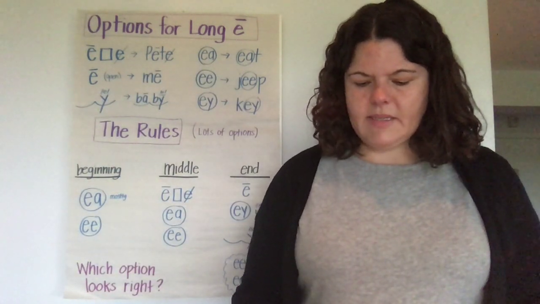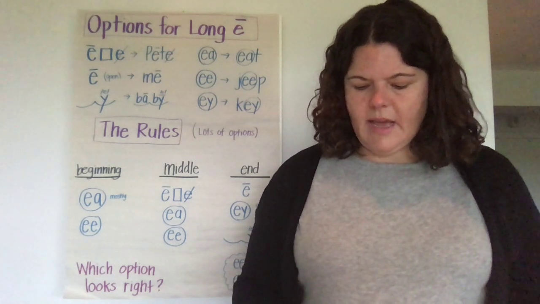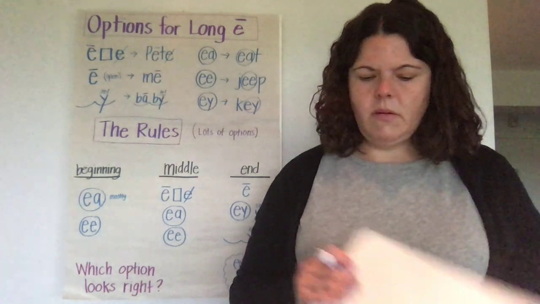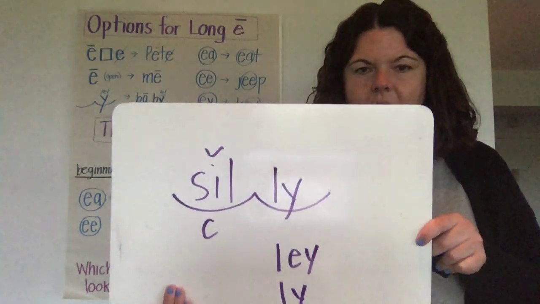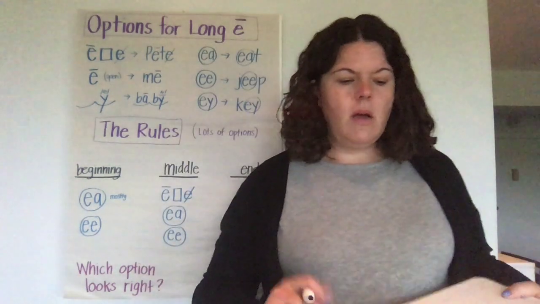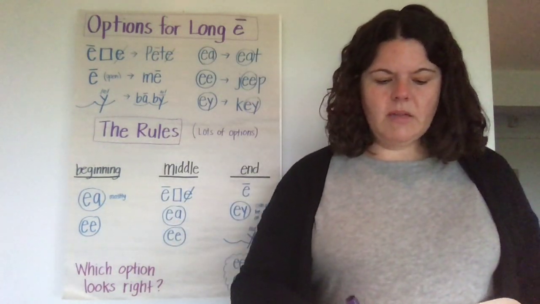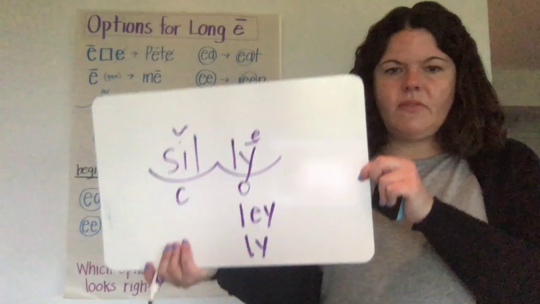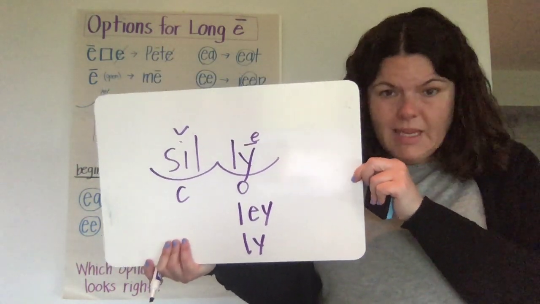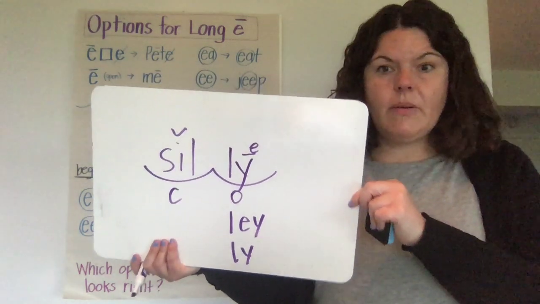So you've got to decide, is it L-E-Y or L-Y? And it is L-Y, because most times it's Y. Not always, most times. You still mark that up as an open syllable.